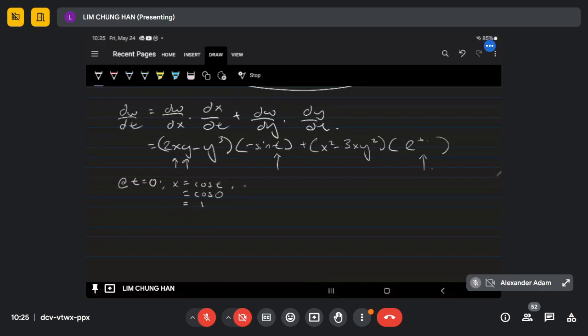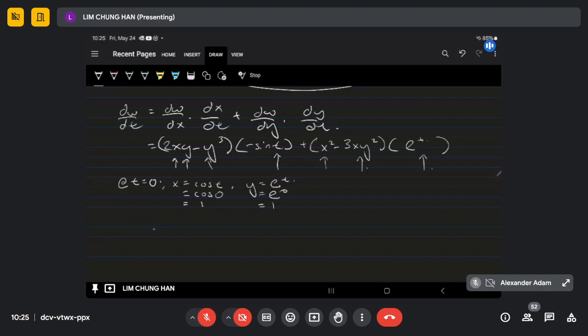And then y is equal to e to the power t. t is 0. Then what is y? 1. Correct, also 1. Now you can substitute everything in here, into the t's and x's and y's.